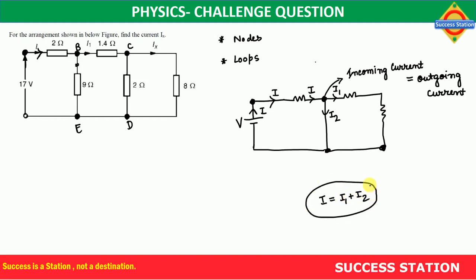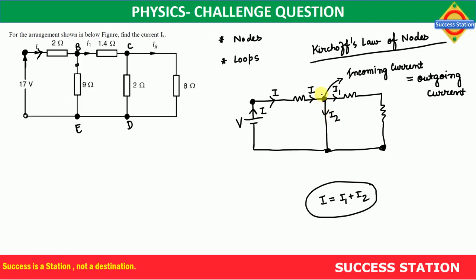This is what is called Kirchhoff's law. We are learning about Kirchhoff's law of node. You can say it, Kirchhoff's law of node. Clear? Nothing else, it's basic conservation of charge.